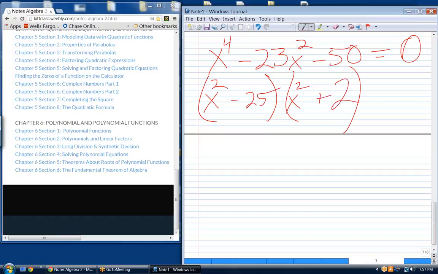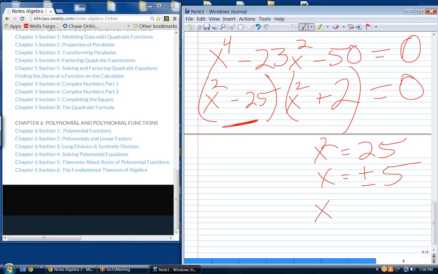Very good. So my solutions are? So if x squared equals 25, in other words, setting that to 0, what's x equal to? 5. No? Plus or minus 5? Uh-huh.